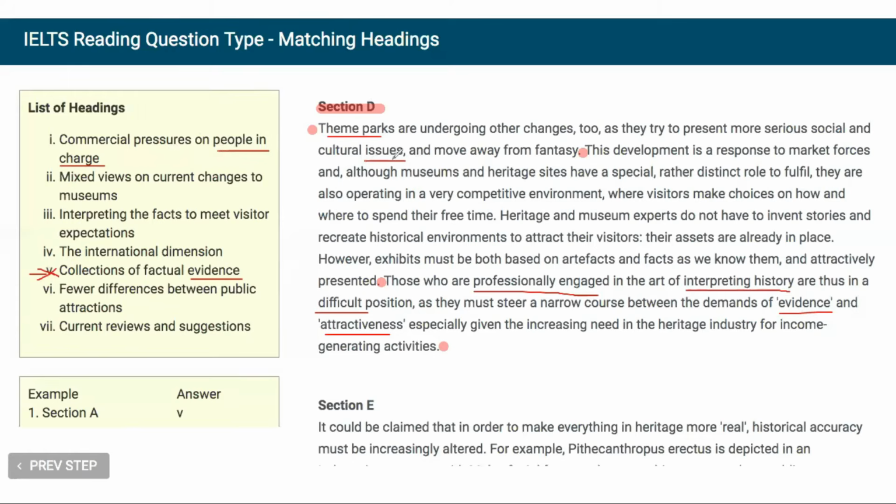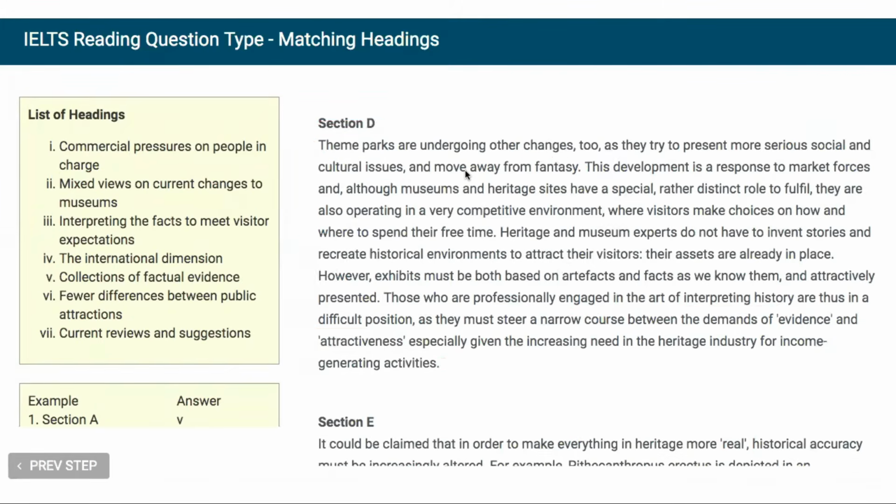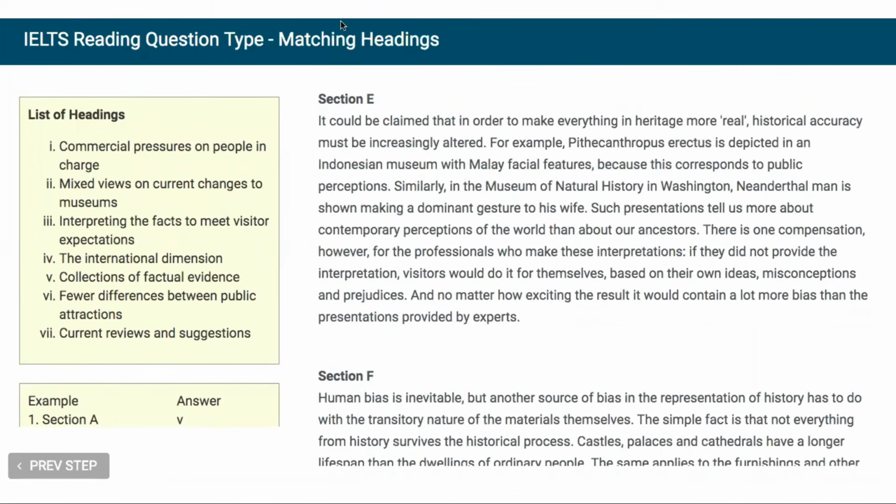If we see here in the first sentence, some issues, some changes, these could be the commercial pressures that are put on people in charge. We see things are difficult as well. So I think these two sentences and the fact that we see professionally engaged, difficult, changes, issues, I would say this is I, and I'll make a little note in my margin here. So number 1.